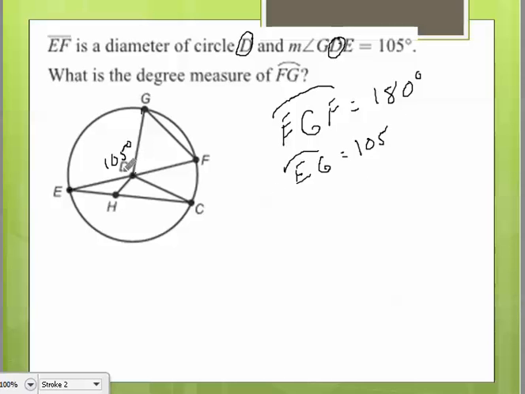It's going to be equal to the same as the central angle that makes it. So this is 105, but this is 180. To find arc GF, all I'm going to do is subtract 180 minus 105, and I'm going to get 75 degrees is arc GF.